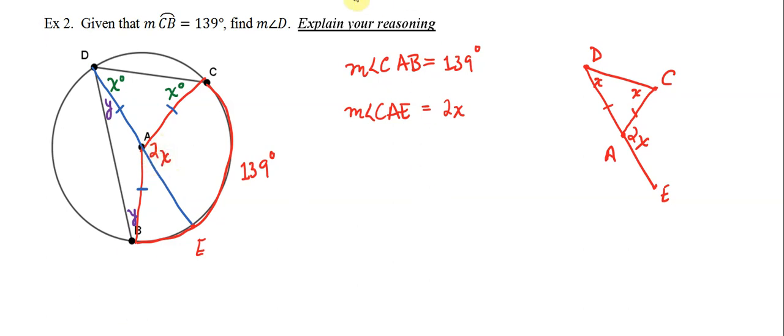Okay. Now, if we look at the other picture down here, this triangle BDA, that tells us that angle BAE has to be equal to 2y.